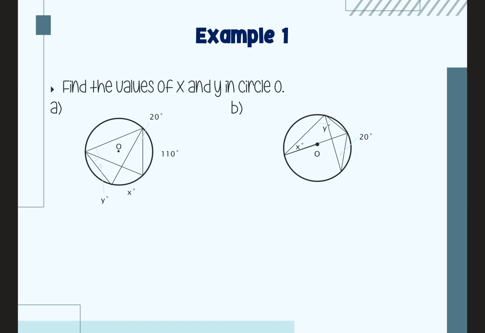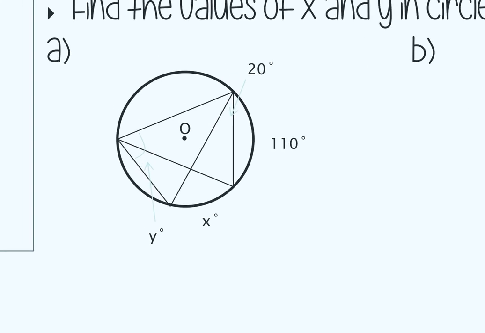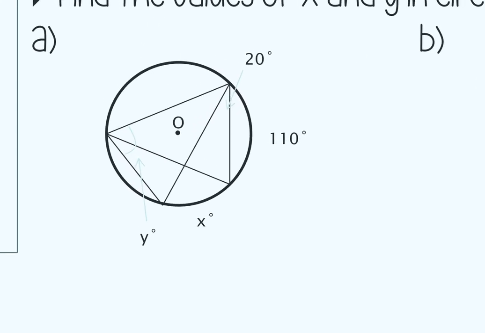All right, now we just apply them all. Says find the values of x and y in circle O. So start with A. There's a lot going on here. Where can we start? If I want to find x, where do I start?